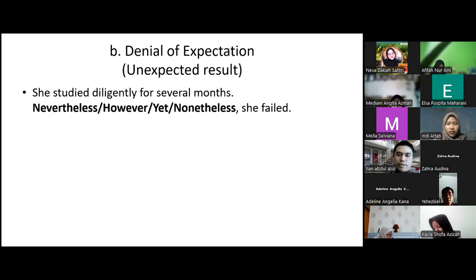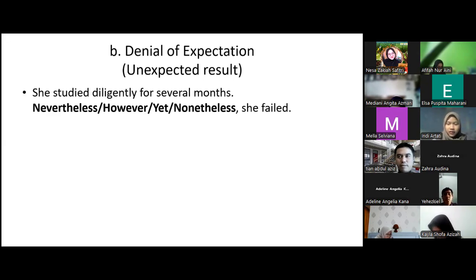She studied diligently for several months. However, or yet, or nonetheless, or nevertheless, she failed. This is an unexpected result. Normally, if someone studied diligently for several months, she or he will pass the exam. But we have an unexpected result here.